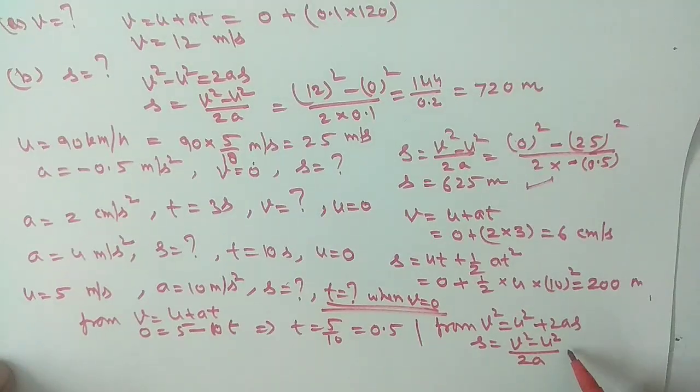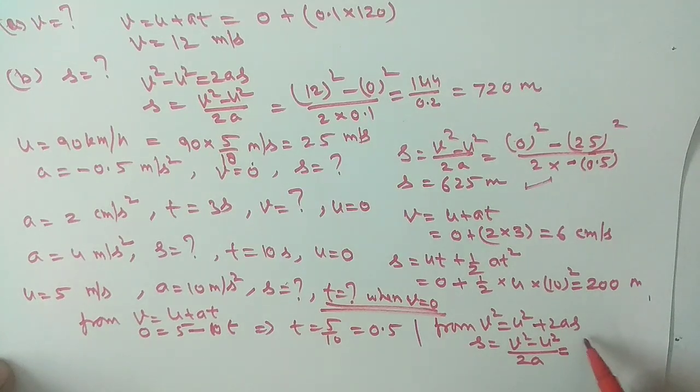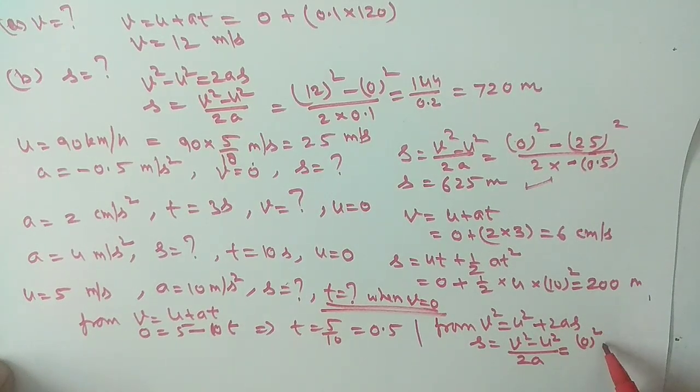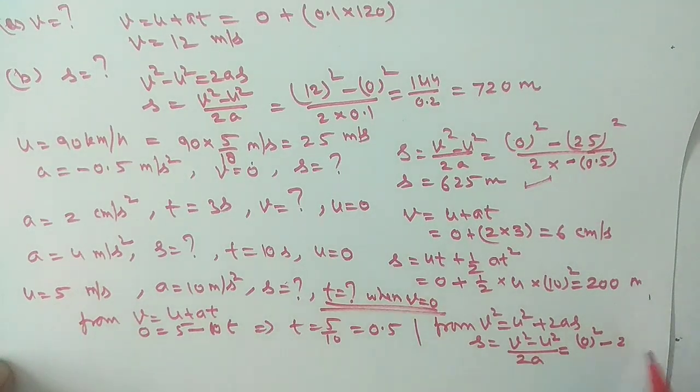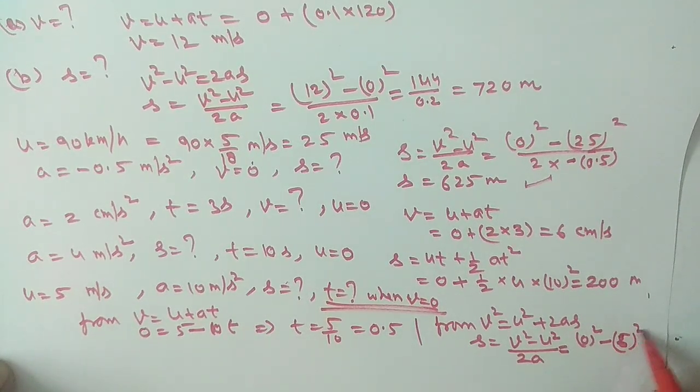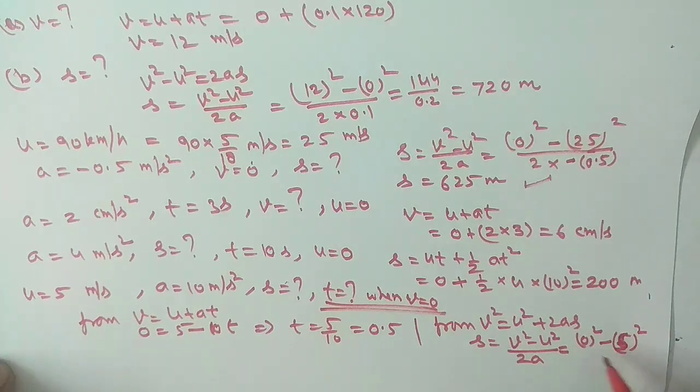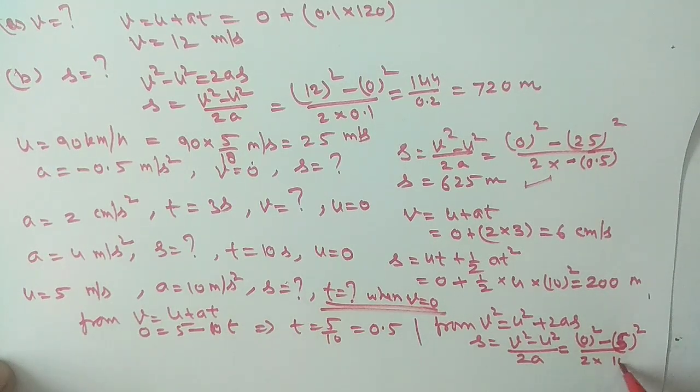Okay, put the values. Final velocity is 0, u is 5, so it is 5 square, and upon 2 into acceleration, here given in this question, it is 10. Take it with minus because it's a retardation.